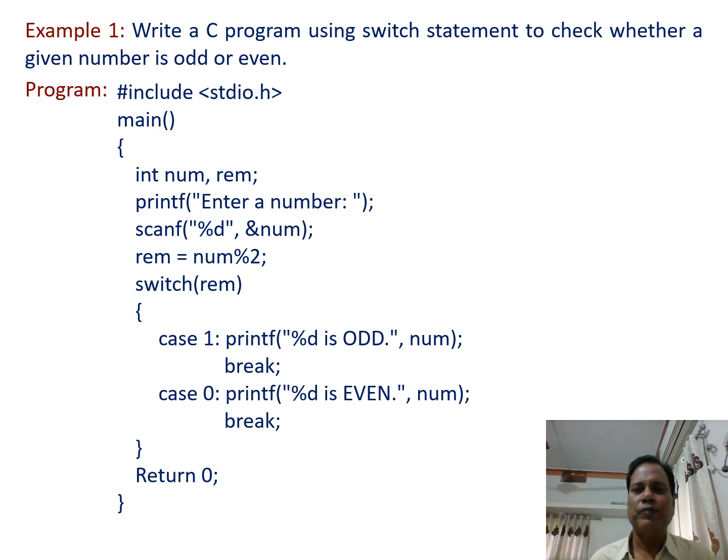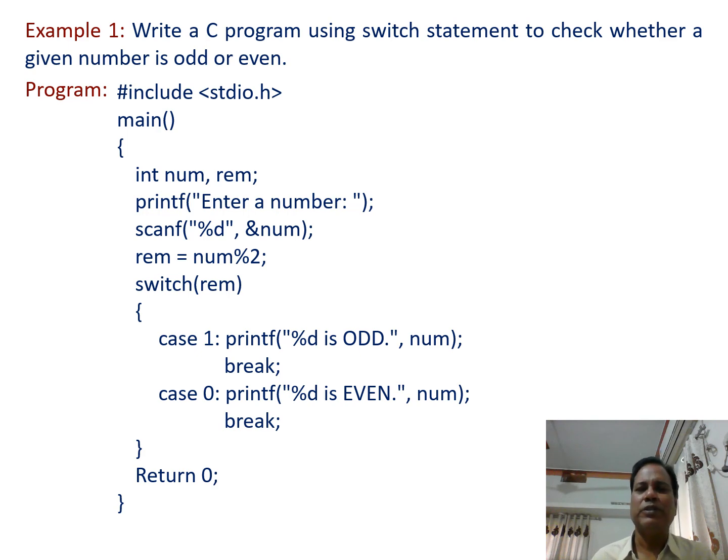So here two cases are mentioned and these case values are 1 and 0. Depending on this case value, 1 or 0, either the first case is executed or the second case is executed. And after execution of the blocks of the particular case, control goes to the next statement out of the switch statement.